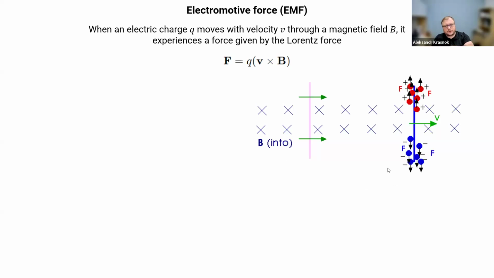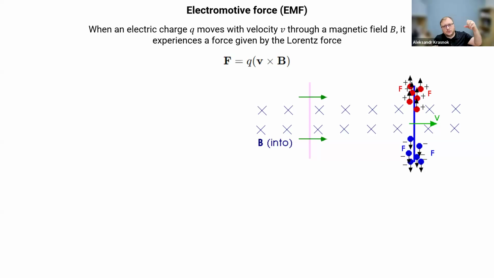More electrons go down, leaving more positive charges in the upper area here. And so the result of moving the wire in the magnetic field is a separation of positive and negative charges in the wire. Okay, so moving this wire allows you to split positive and negative charges.